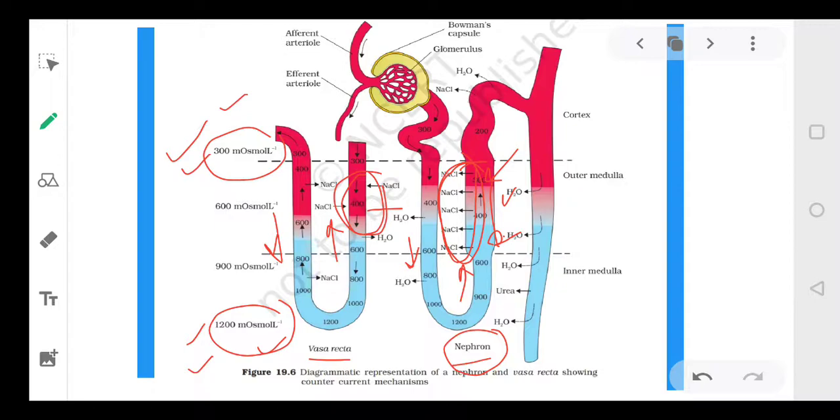What do we call it as? Counter current mechanism. ठीक है? Okay.